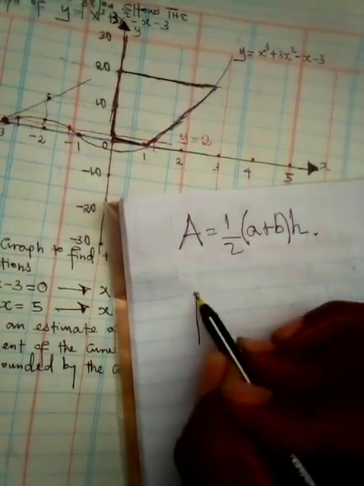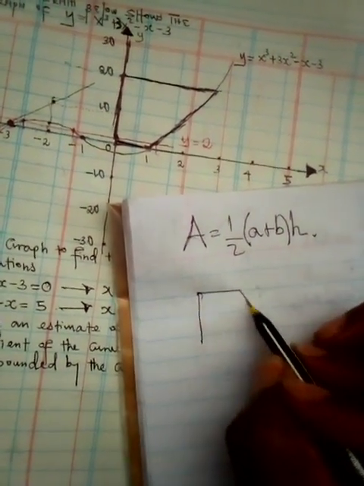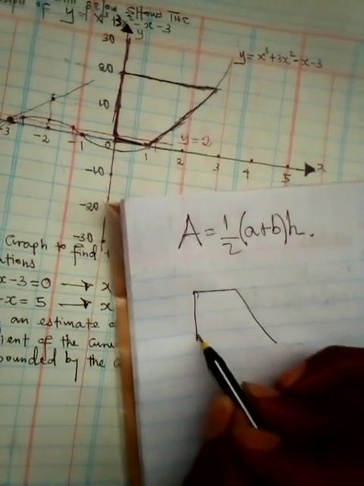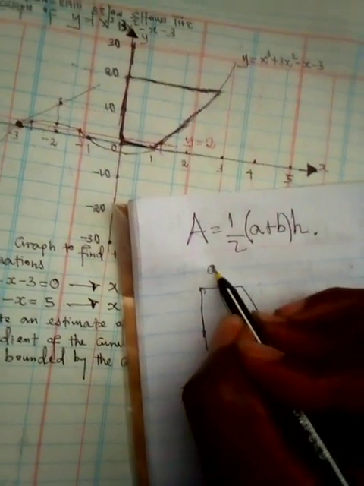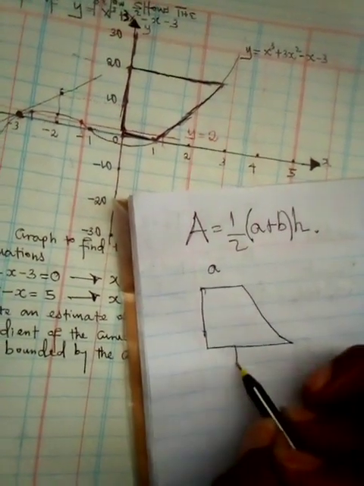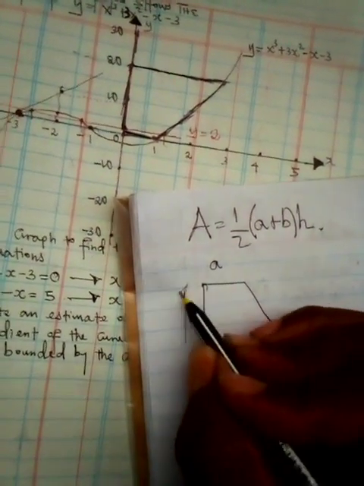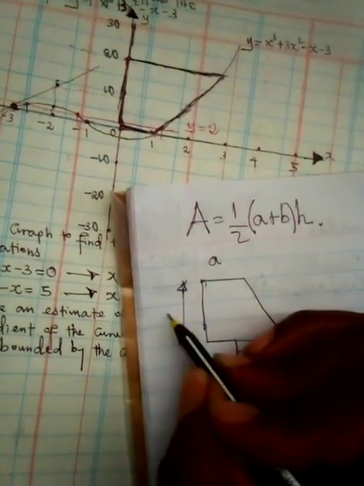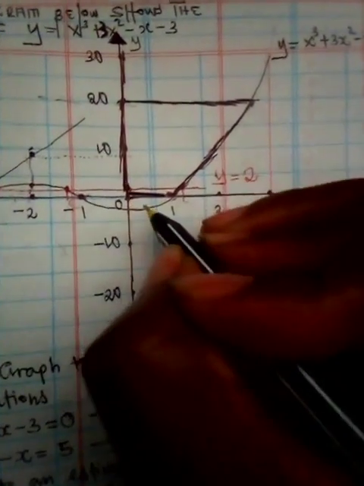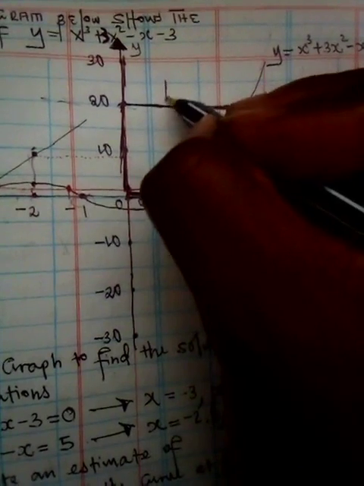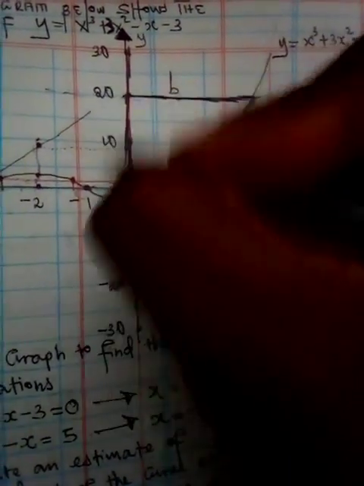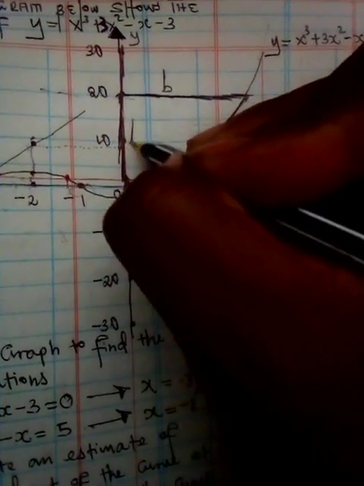It's having this shape. So this is your A, this is your B, not forgetting this is going to be your H. If we apply the same concept here, this is going to be your A, this is going to be your B, and of course this is going to be your H.